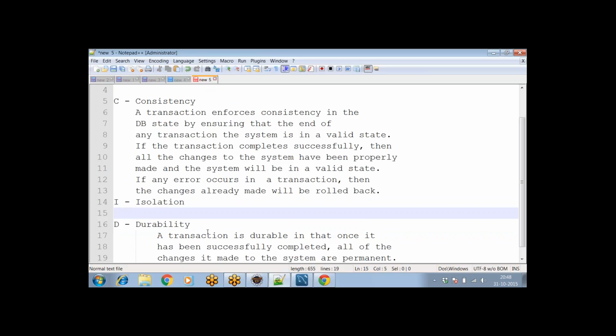Any idea about isolation? Yes. Okay, to separate something.